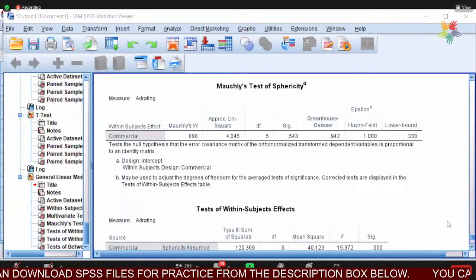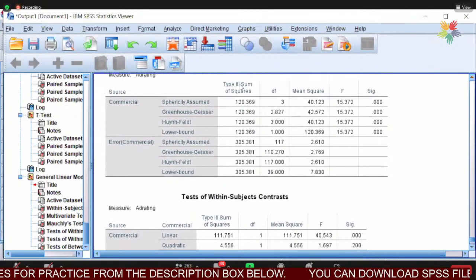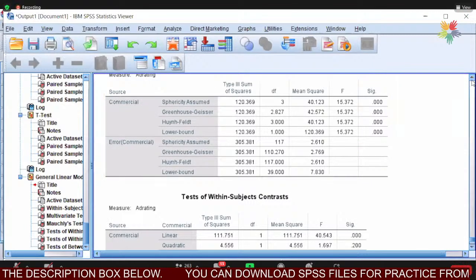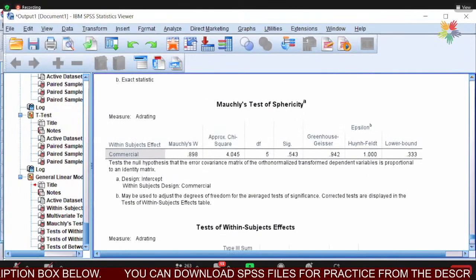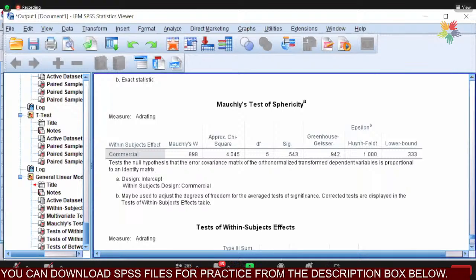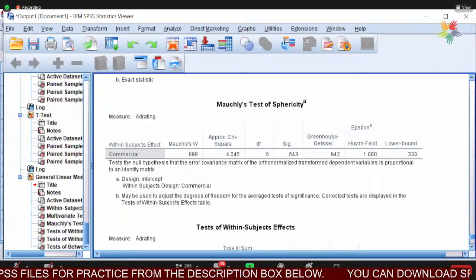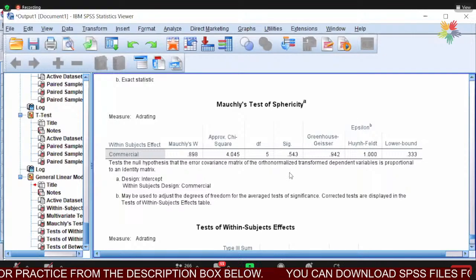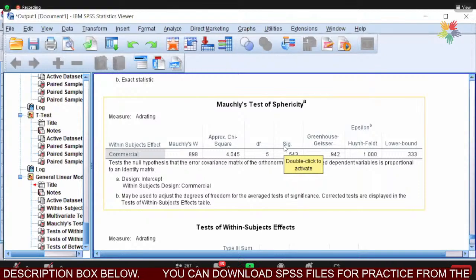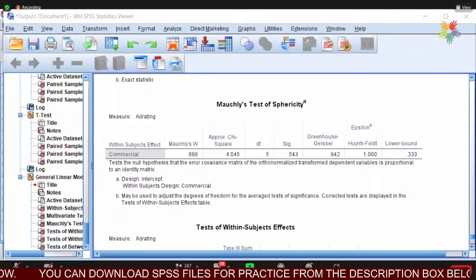Now we have to look at the sphericity assumed row. Normally the null hypothesis should be accepted, so that sphericity or equal variance holds. Earlier we used to say you should not proceed otherwise, but now we have many robust tests.